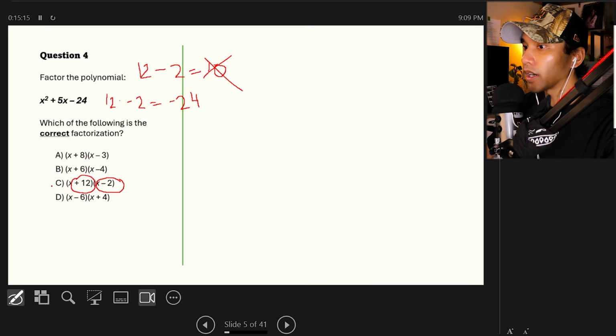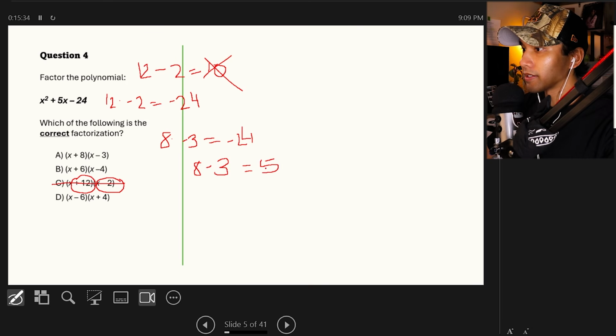So C does not work. Let's try A. 8 times negative 3 equals negative 24, right? Now, 8 minus 3 equals positive 5, which checks out.